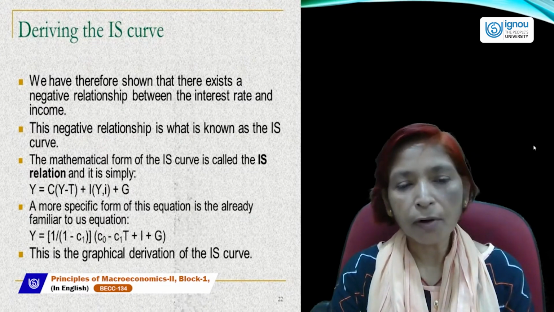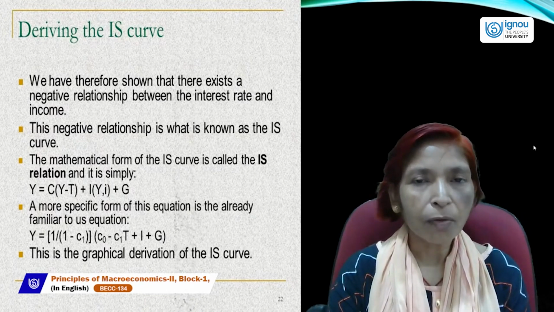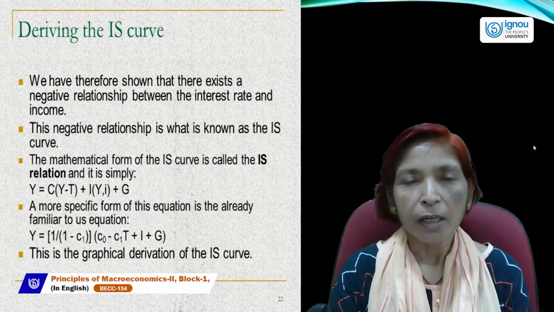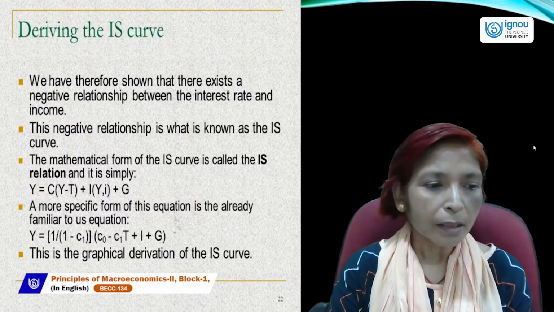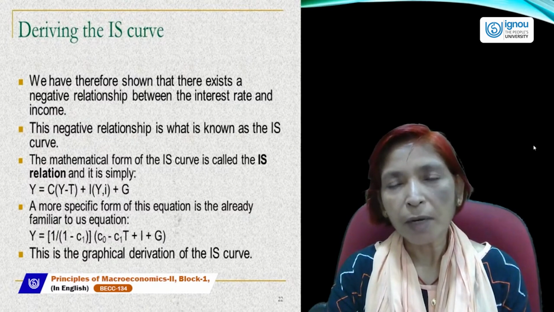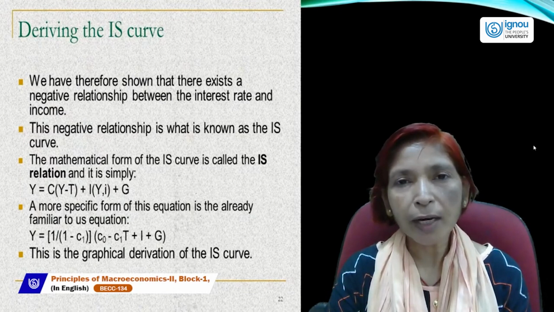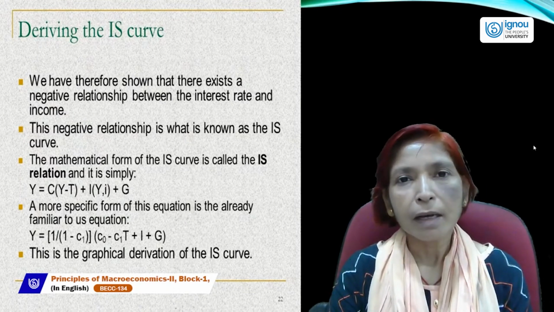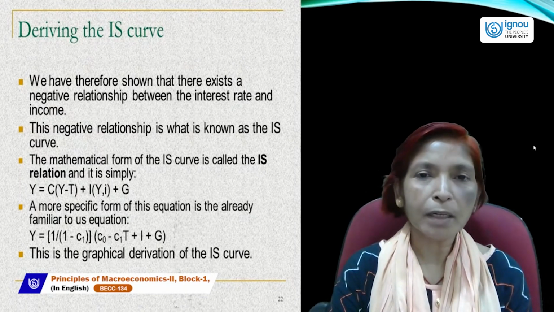The mathematical form of the IS curve is called the IS relation, and we can simply write it in this form: Y equals C plus I plus G. Here C is consumption, which we get after deducting taxes from income. The equation of consumption is A plus B YD, where A is autonomous consumption, B is MPC, marginal propensity to consume, and YD is disposable income.